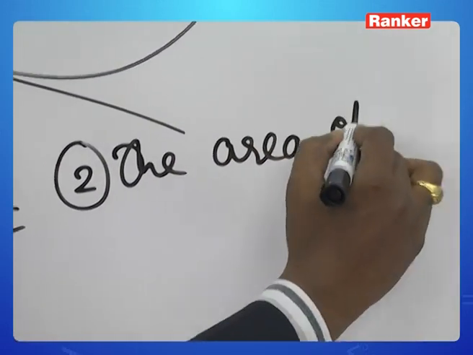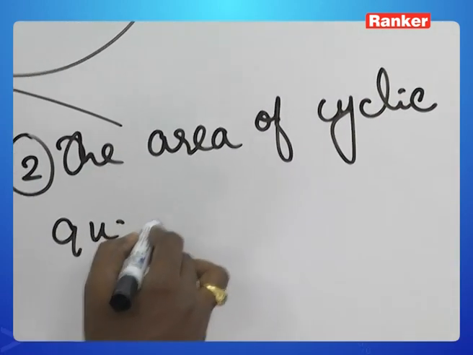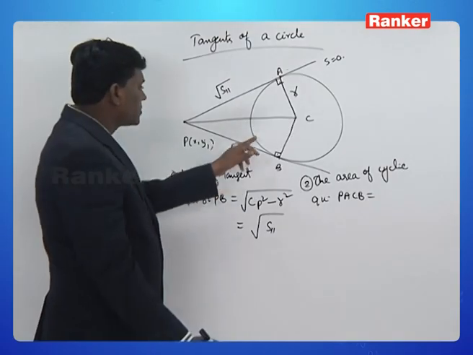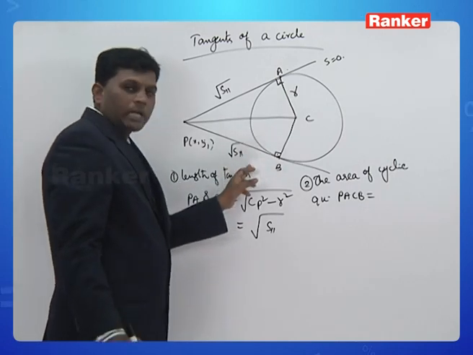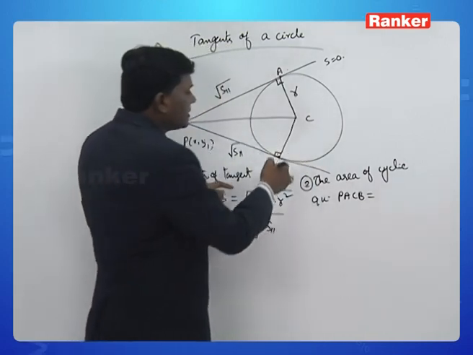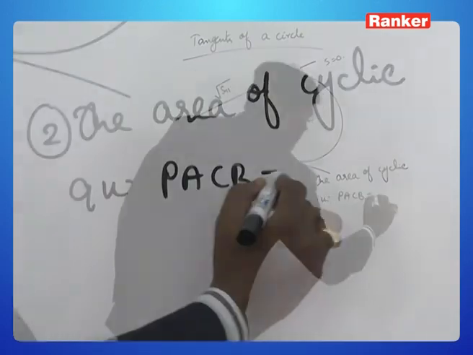The area of cyclic quadrilateral PACB can be taken as, because these two are clearly congruent triangles from the RHS axiom, instead of finding the cyclic quadrilateral area, we find any one triangle and we double it here.